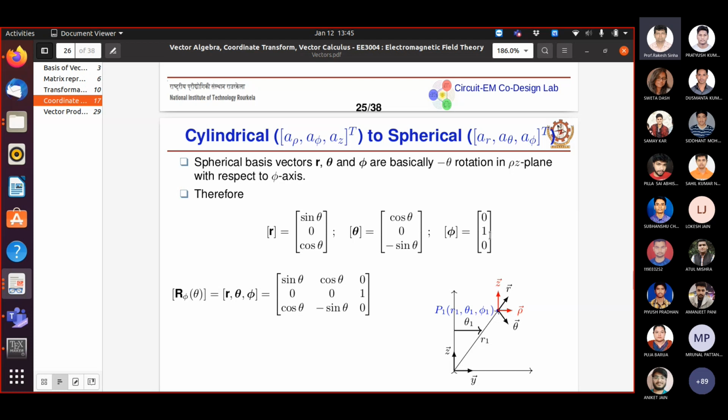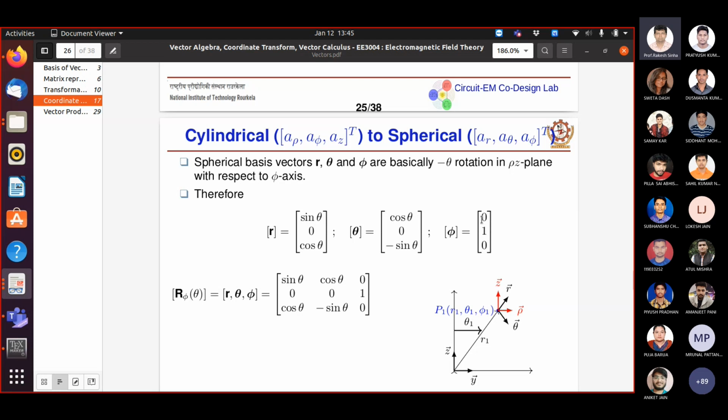And you can see that phi has not been transformed. Phi remains the phi axis, because the rotation has occurred with respect to the phi axis, so it does not change. So the components are 0, 1, 0: rho, phi, and z.